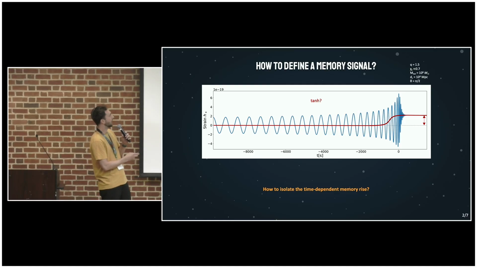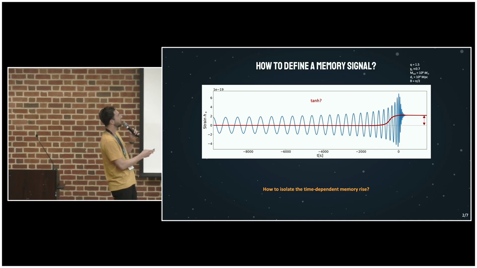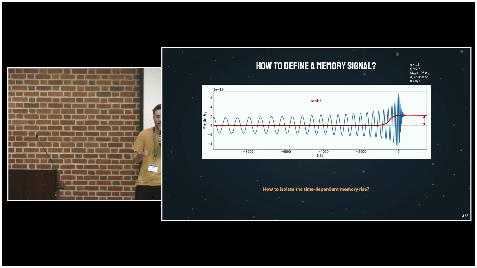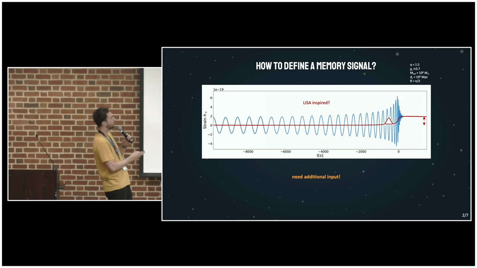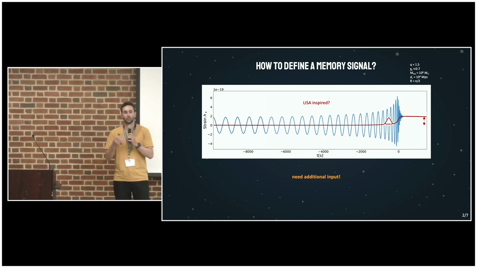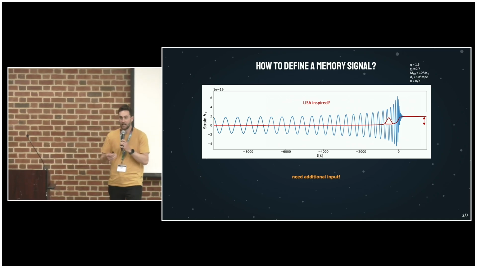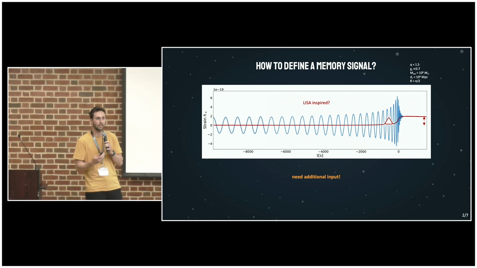But of course, it's really not clear where you place this step, and how smooth it should be. And maybe there's someone else that takes the connection between the infrared triangle and LISA too literally and could come up with something more creative. Who knows? But the point here is really that if we don't have any additional physical input, it's really not clear how we should model this.